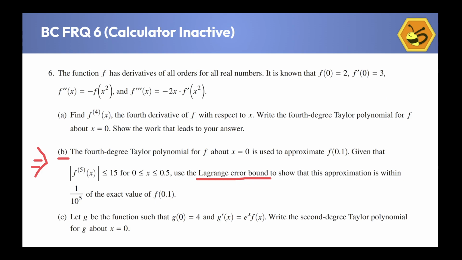Yes, the Lagrange error bound caps the maximum error. So it basically equals the next term with the maximum possible derivative value.